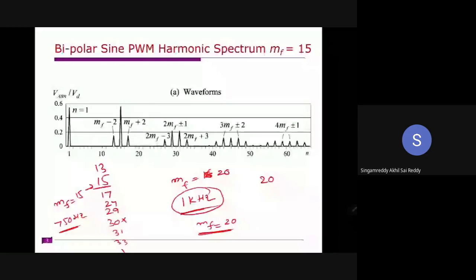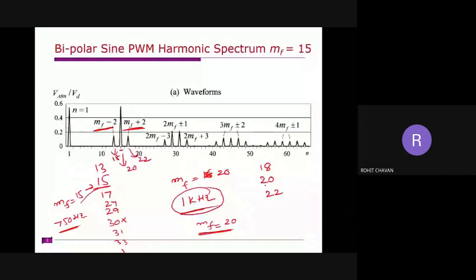Similarly, you have harmonics at MF minus 2 and MF plus 2, that means at 18 and 22. Agree?